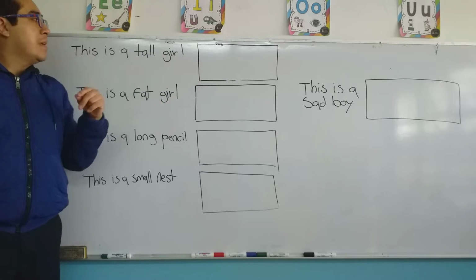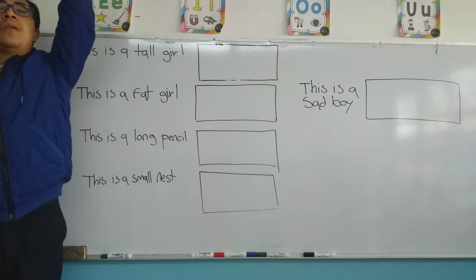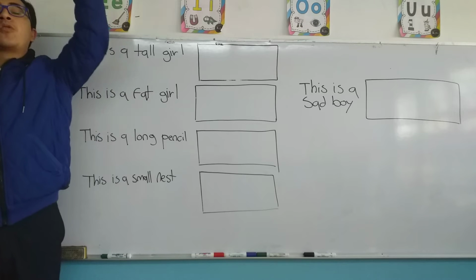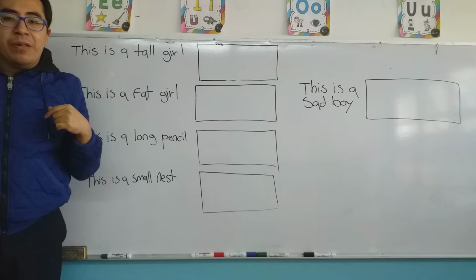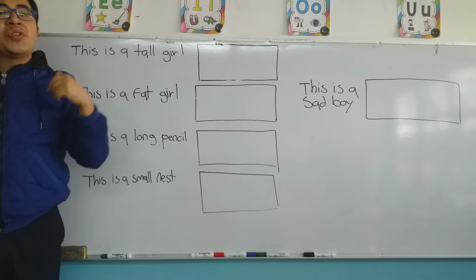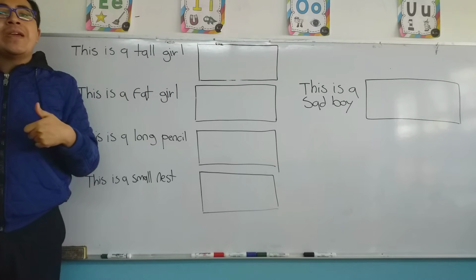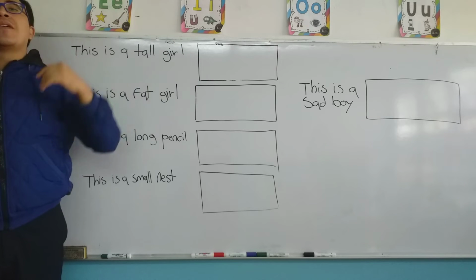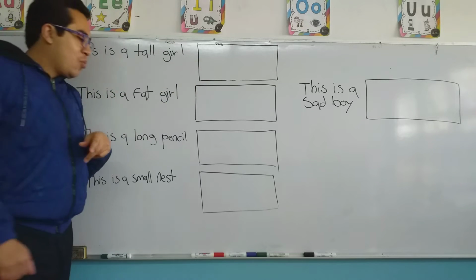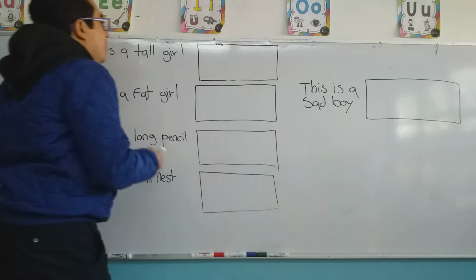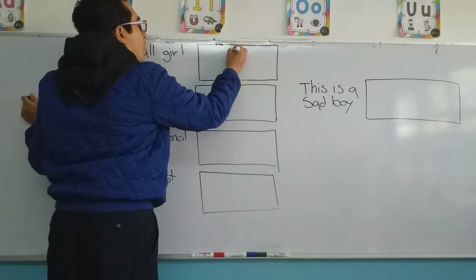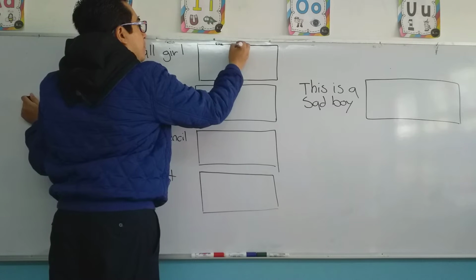This is a tall, remember the adjective tall, alto, a tall girl. Remember, person, girl, niña, boy, niño. So, this is a tall girl. Esta es una niña alta. So, using your pencil, let's draw a tall girl.